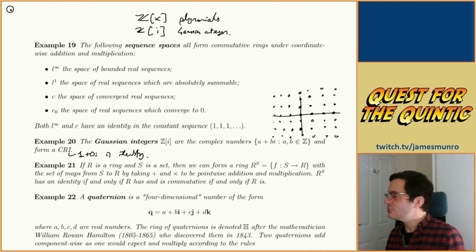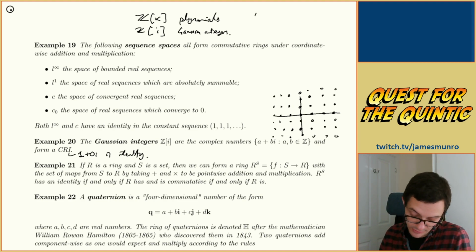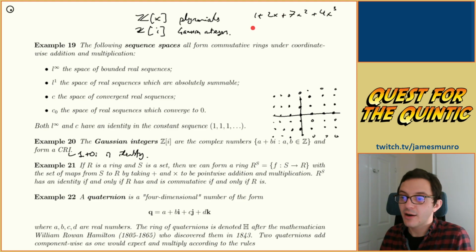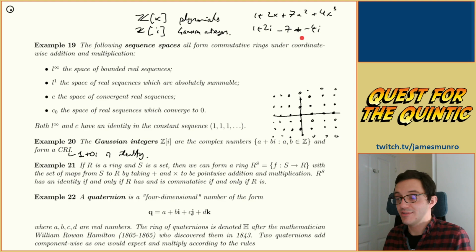I guess that sort of works, because if you took a polynomial, let's be more original with my polynomial, please, and you plug in i, then you get something that is a Gaussian integer.